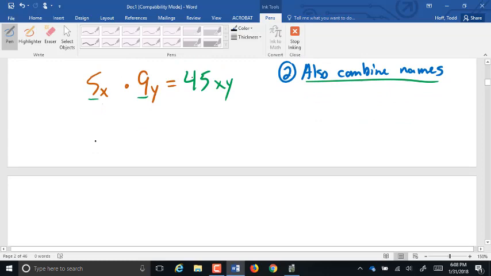Little talk about those powers. If we have a y squared, of course, that means y times y, right? Squared means 2 of them multiplied together. Or y to the 5th means 5 of them multiplied together.